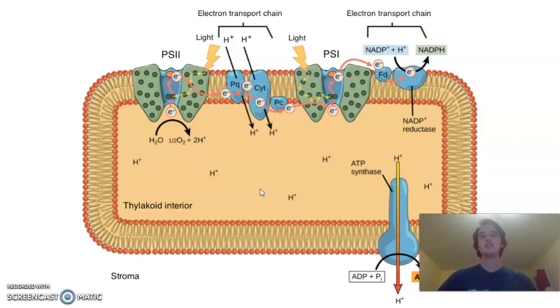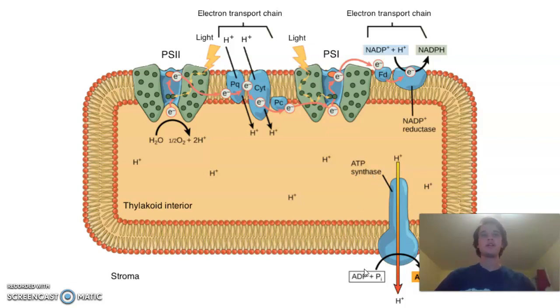And all this hydrogen, their ions, they create a chemical gradient where there's a high concentration in the thylakoid interior and a low concentration in the stroma. So through a process called chemiosmosis, the hydrogen diffuses through this thing called the ATP synthase out into the stroma. And as it does this, the ATP synthase is spinning.